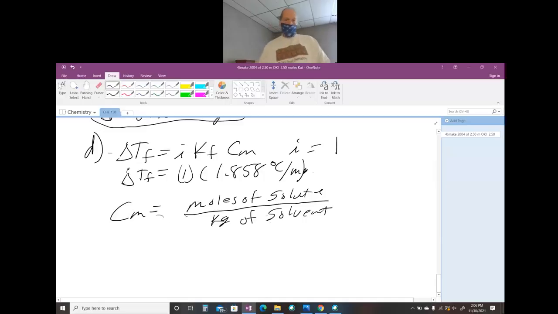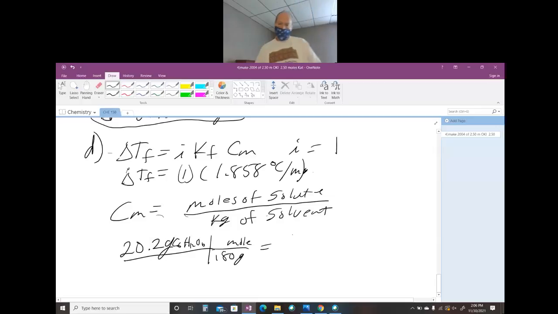So we have to find moles of solute. For the solute, we use 20.2 grams of our C6H12O6. To get moles, we divide by 180 grams per mole. We already did this, and we got our 0.112 moles.